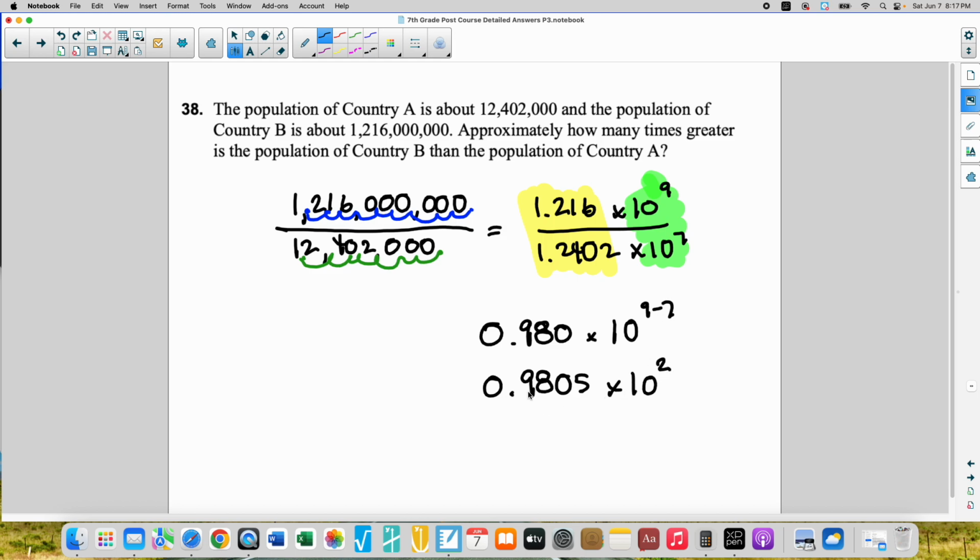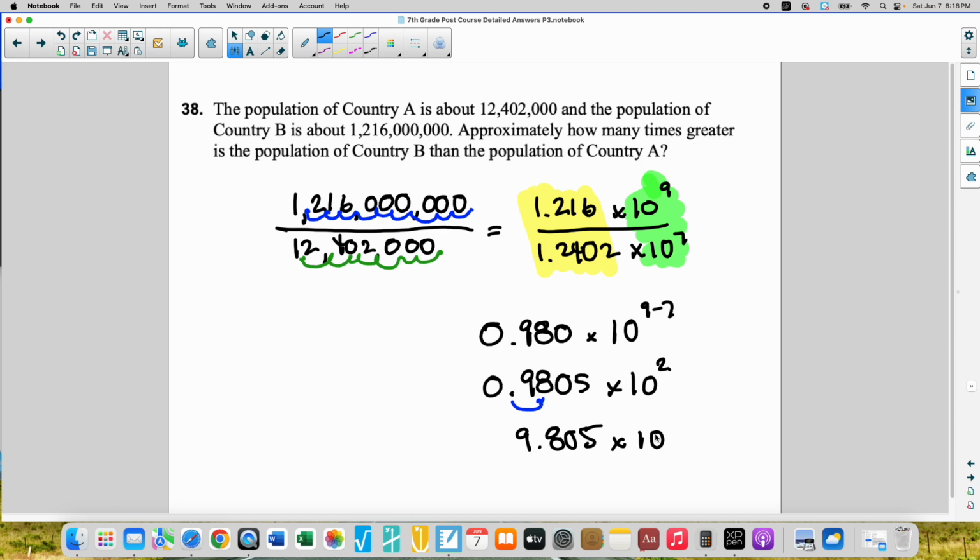Now this is not between 1 and 10, so we have to move it to the right. We're making a smaller number bigger. Times 10. Now if I move it that way, I'm going to lose a place value. So it's actually 9.805 times 10 would be my answer I would give in scientific notation.